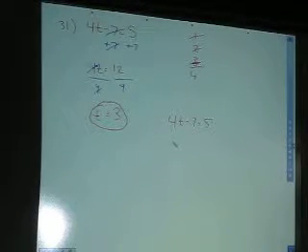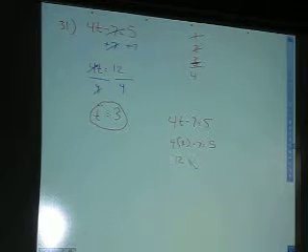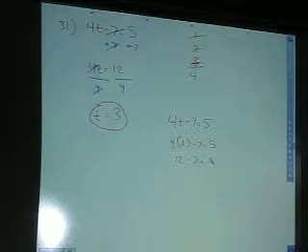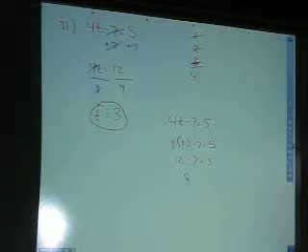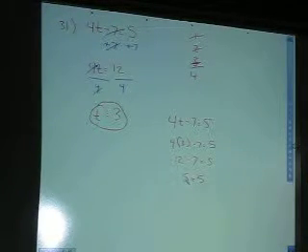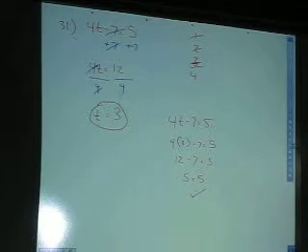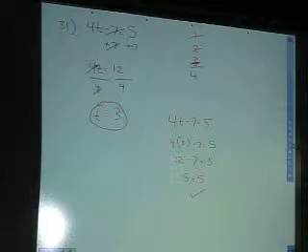So instead of 4 times t, we do 4 times 3 minus 7, and we want to see if that equals 5. 4 times 3 is 12. 12 minus 7 is 5. So the left-hand side is 5, the right-hand side is 5. Since the left equals the right, we know we solved it correctly. So that's number 31. Be sure that you solve each of these and check.